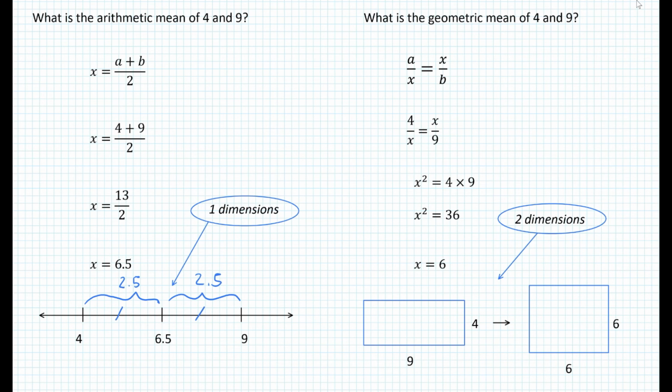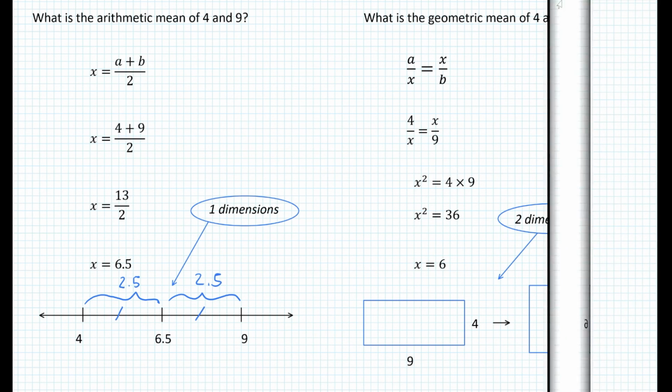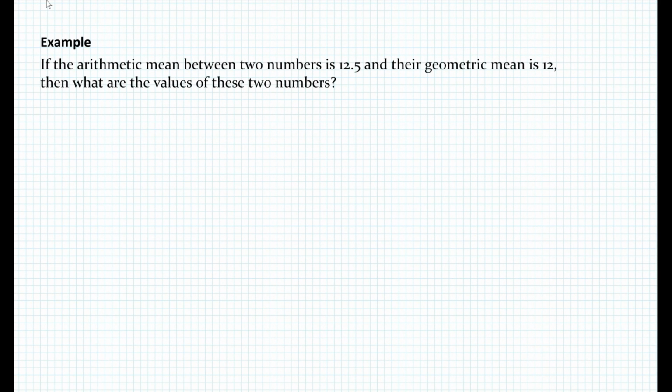So we are going to learn many applications in geometry, particularly with right triangles. Let's look at an example now. If the arithmetic mean between two numbers is 12.5 and their geometric mean is 12, then what are the values of these two numbers?